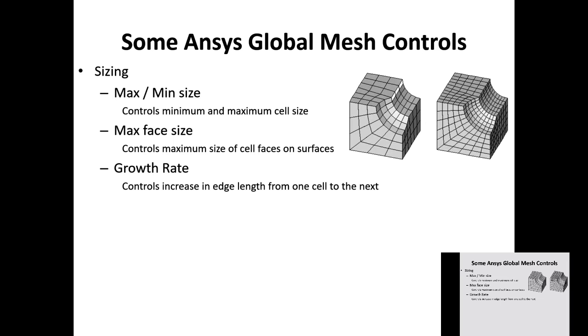Okay, this is where we stopped. For the meshing, because you need to know a little bit of meshing for tutorial 4 and for your assignment, when you mesh, you can give a maximum or a minimum size.